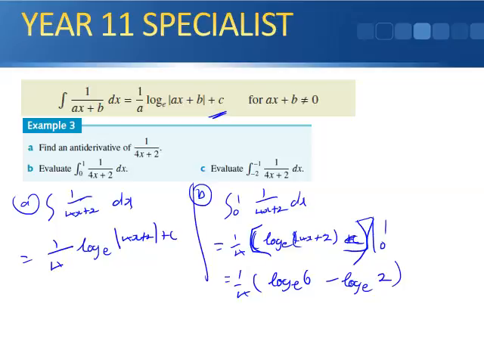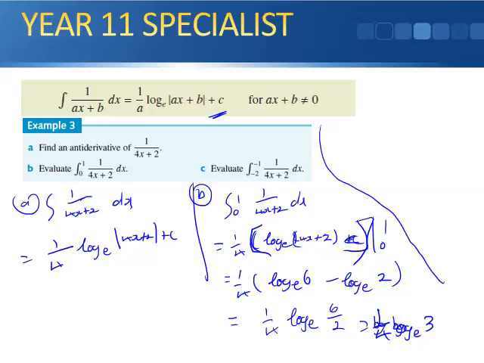Don't need the plus c. So log e of 6 minus log e of 2 is log e of 4. So I get 6 divided by 2 is 3, so I get a quarter log e of 6 divided by 2, which means it's a quarter log e of 3.